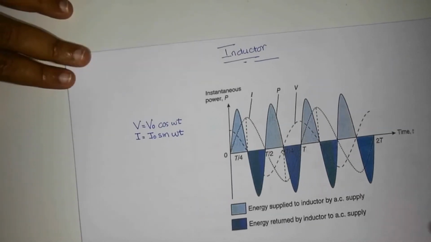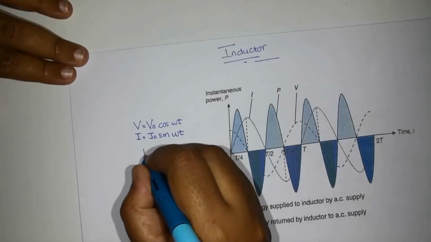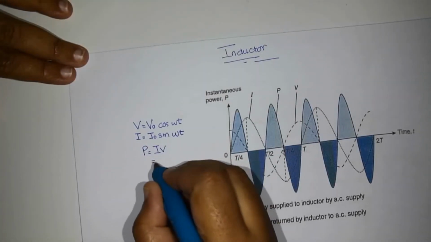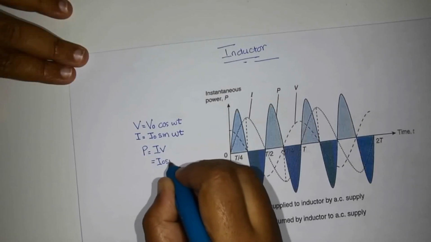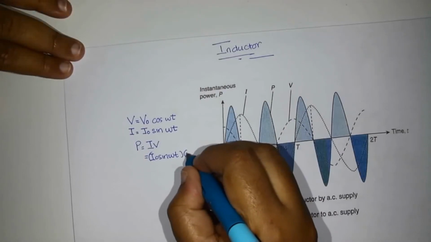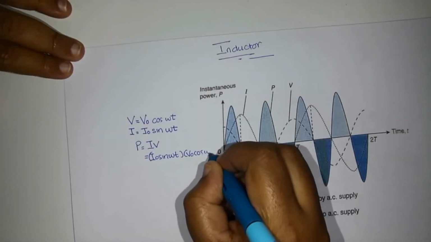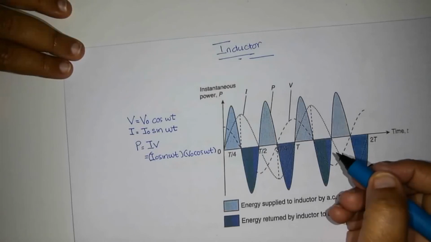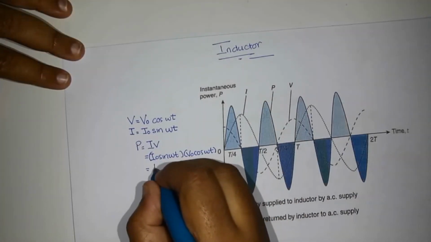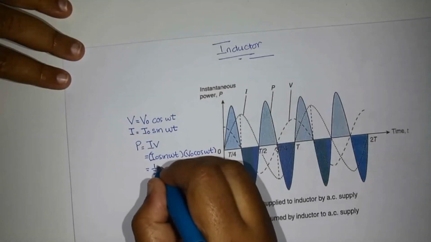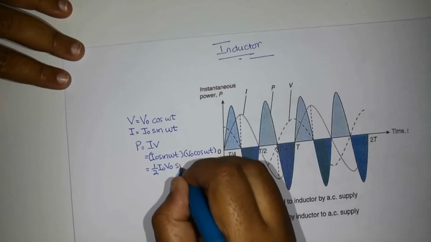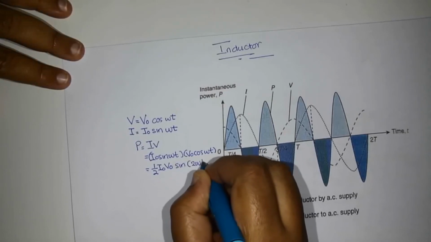Here we know P equals IV, so I equals I naught sine omega t times V naught cos omega t. If I multiply this and use my trigonometry, I should get half I naught V naught sine 2 omega t.